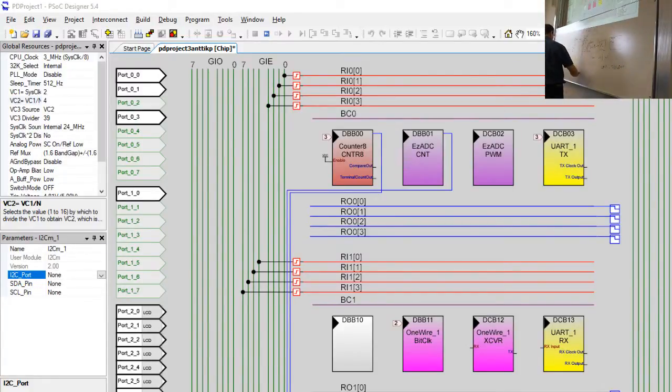SPI device. Okay. Chip select. Clock. Master in, slave out. Master out, slave in. Could be that there's only one of those actually on the device.